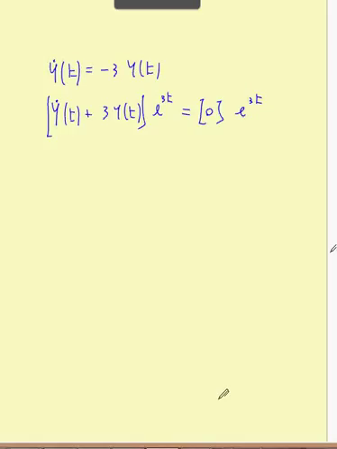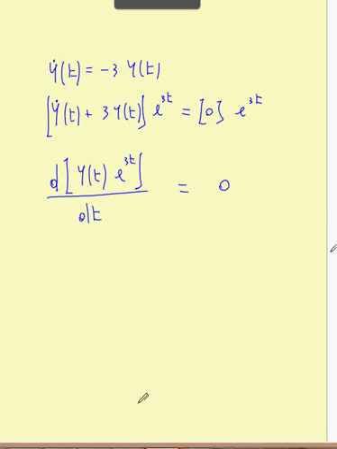This first side of the equation is the derivative of y t, which multiplies e to the power of 3t, with respect to time. And we can check this condition together. It's not necessary, but if we compute this derivative with respect to time, this is the derivative of a product.